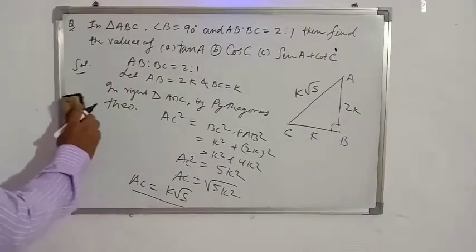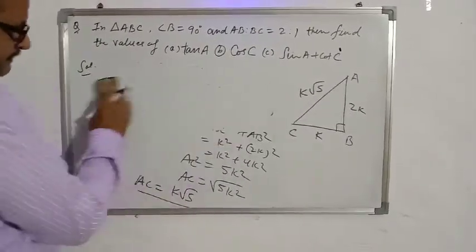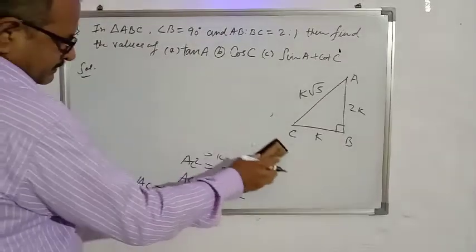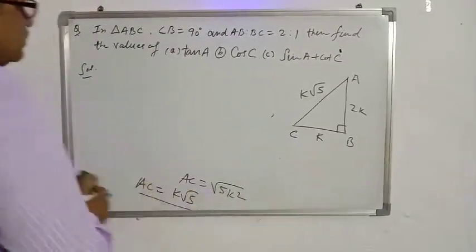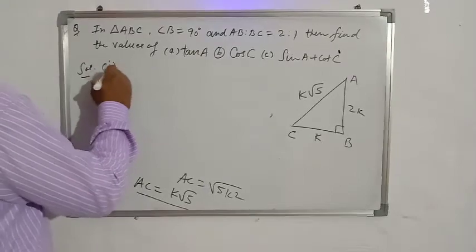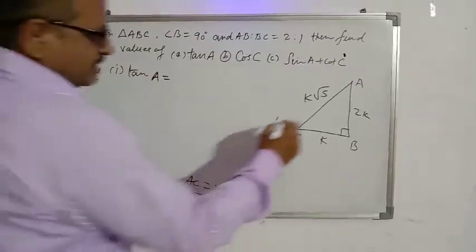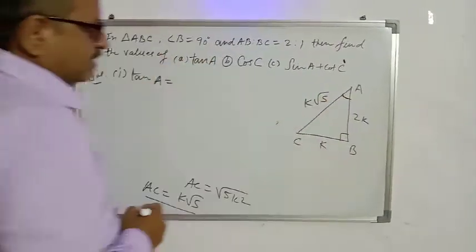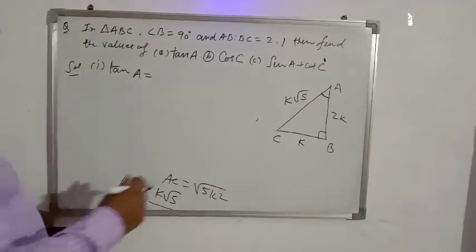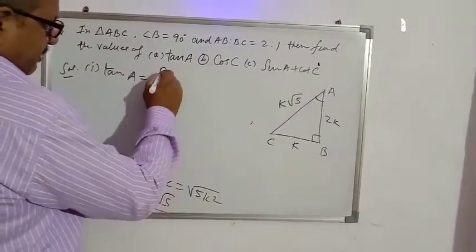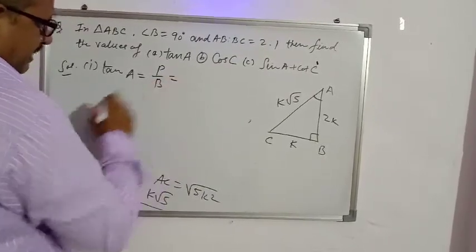So write the first part, tan A. Tan A means this acute angle. We know that tan is perpendicular by base.